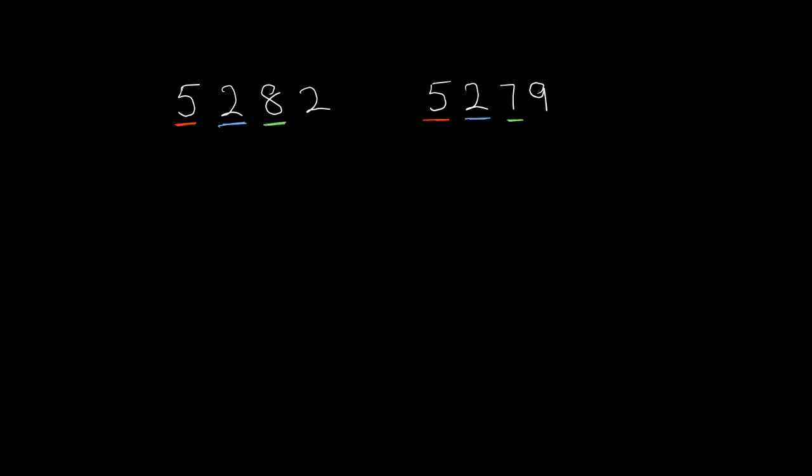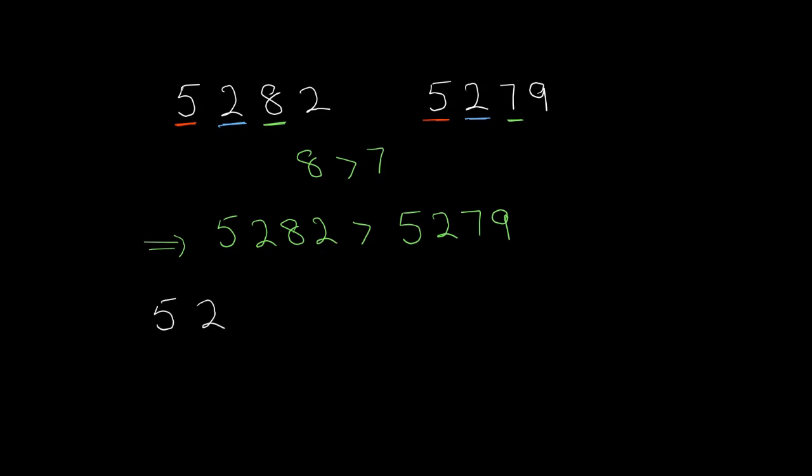Since 8 is bigger than 7, we declare that 5,282 is bigger than 5,279, and the reason is because anything with 5-2-8 and you don't know what it is, compared with anything with 5-2-7, well, the largest that this can be is 9 and the smallest that this can be is 0, and clearly 5,280 is larger than 5,279, so we actually do not need to look at the last digit.